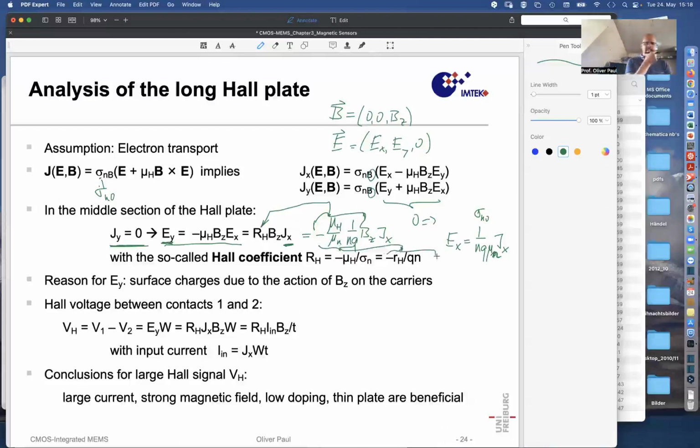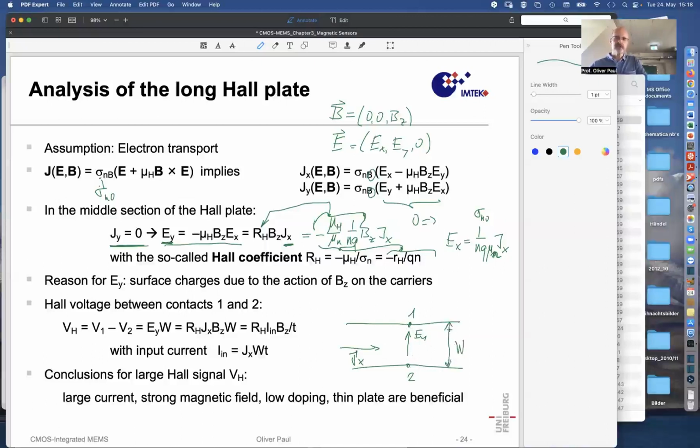Now, once we have this long conductor, this field EY, due to the current flowing in the x direction, then we can just determine the voltage difference between these two contacts. And that voltage difference, so let me be sure that I have the same numbers here, with 1 and 2, so voltage at 1 minus the voltage at 2, that's E times the width of that plate.